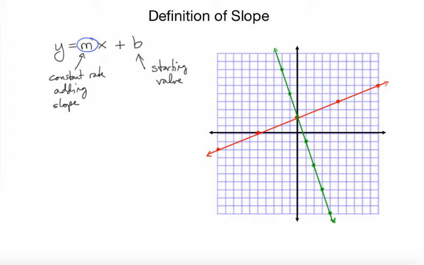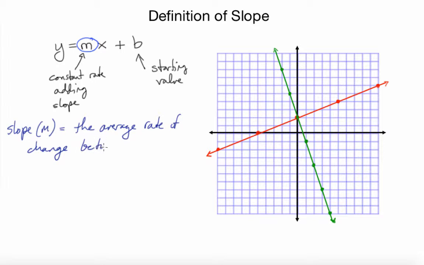So slope, m, that's for my variable m there, equals the average rate of change between 2 points. That's all it is. Slope is telling me how much am I changing, what's my average rate of change between 2 points.